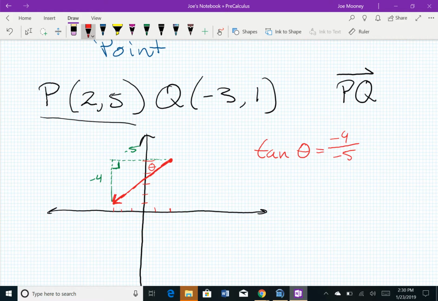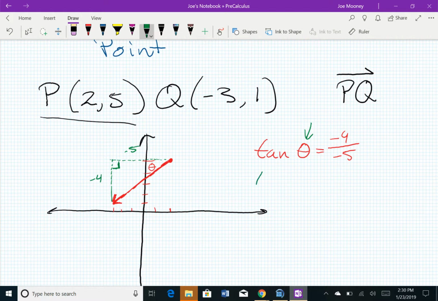Now, what you also learned in geometry, and we've done in this class, is that you can use the inverse to find the angle, because right now the angle's unknown and it's tucked inside the function.